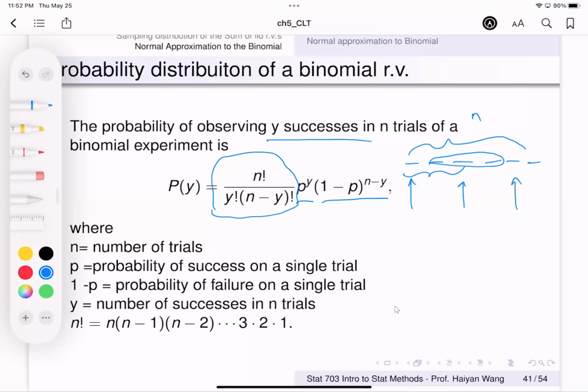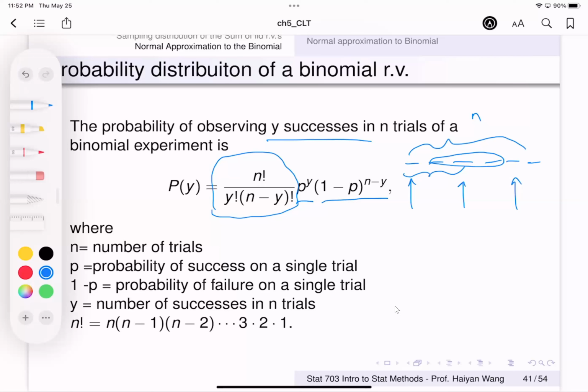Factorial, like n factorial, simply means the product of 1, 2, 3, 4 up to n. And imagine if you have 100 numbers being multiplied together, very likely the computer would not allow that many digits to be there. So that's for this probability.